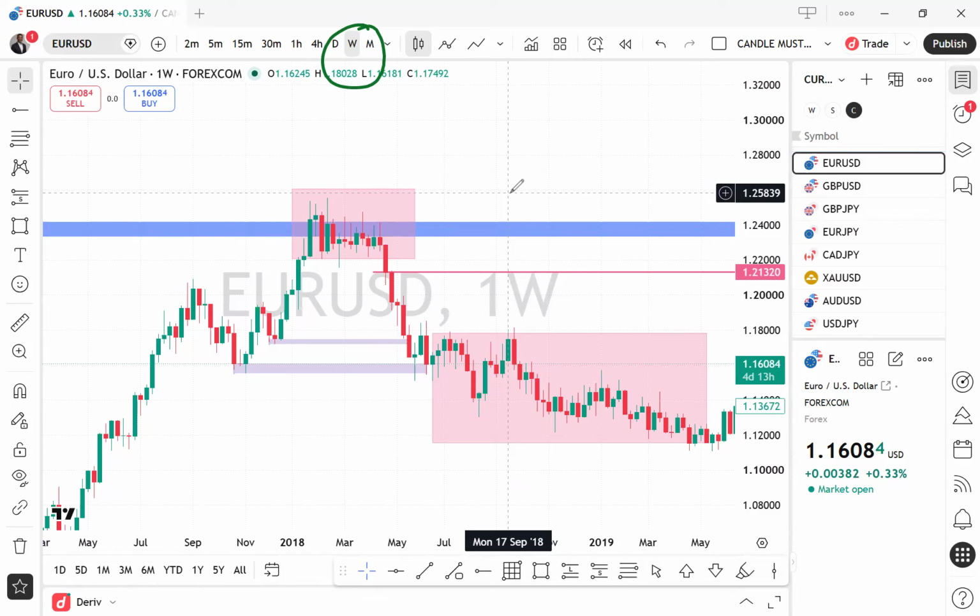You must be able to interpret the activities of the traders in the market so that you'll know exactly what to do. Now, I'll be giving you some very important things to pay attention to when you are using this concept in trading.